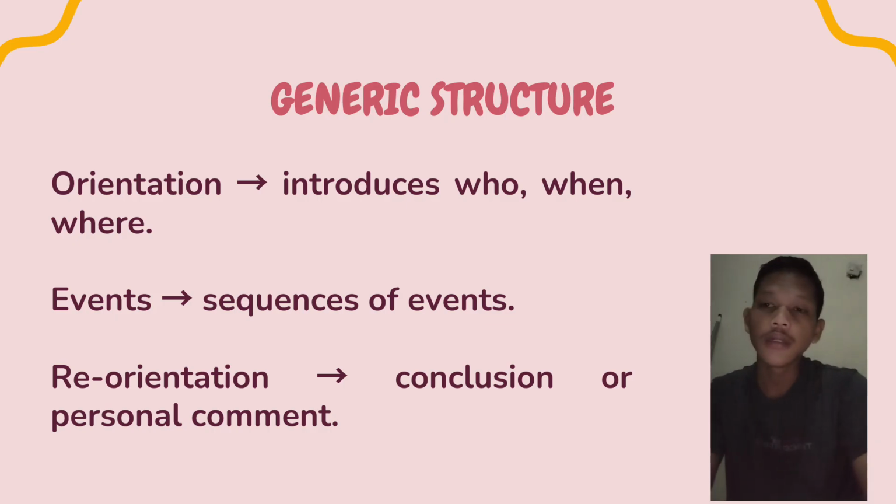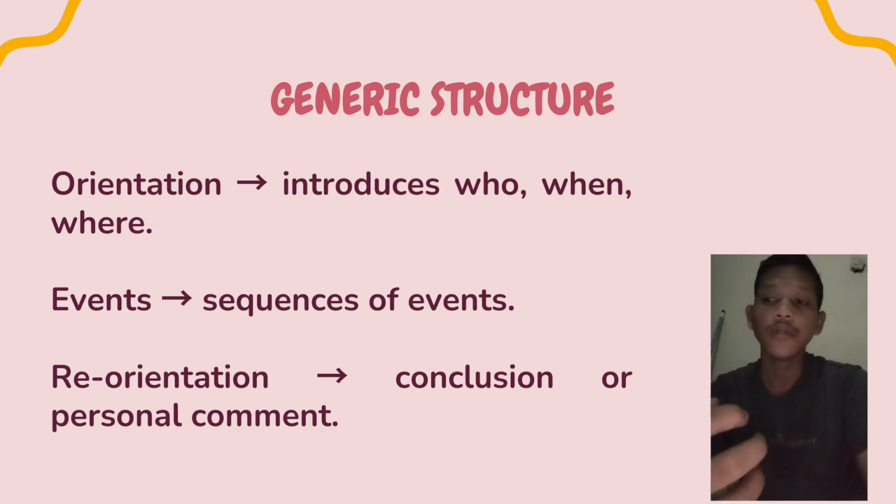And the second general structure is record of events. This is the main part of recount text. It tells us the sequence of events step by step in order.